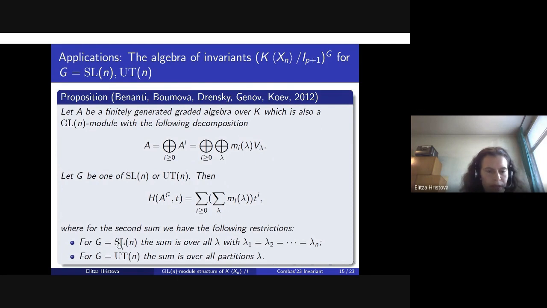When the group is SLN, this sum is over all partitions with equal entries. And when the group is UTN, the sum is over all partitions.